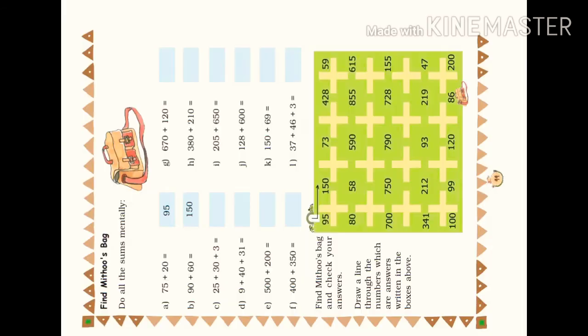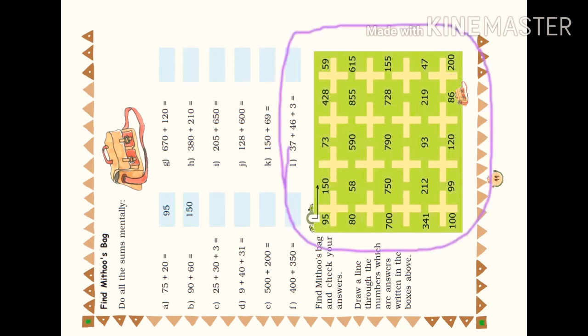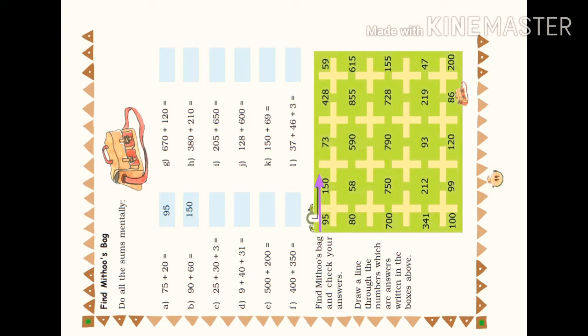Okay, now on your next page, find Mitu's bag. We have to find Mitu's bag. You can see Mitu's bag in number 86. Can you see it? It's in number 86. So you can see the diagram here. It starts from number 95 and right now it's at 150, and then you have to reach 86 to get Mitu's bag.